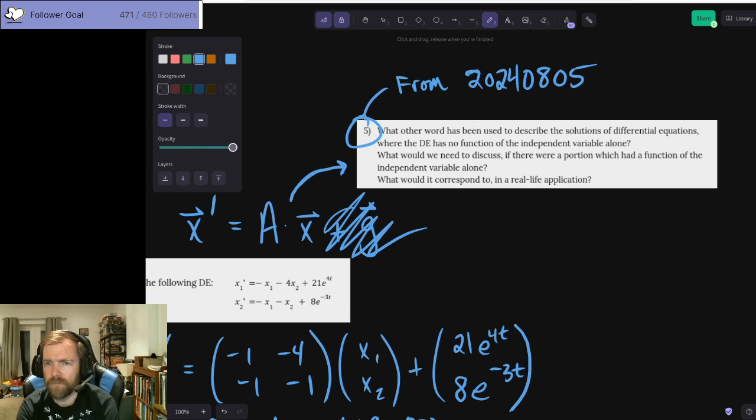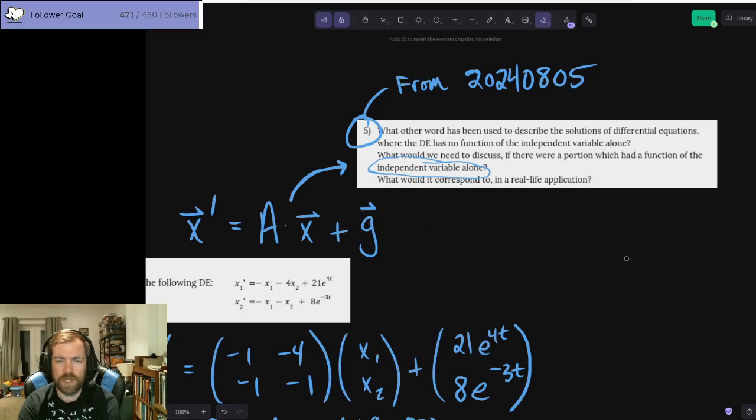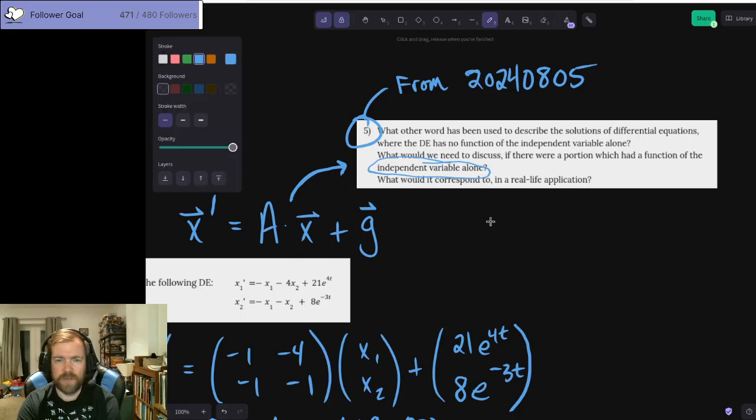Let's see. So this was from 2024-08-05. I posted it in Discord, but we didn't really talk about it that much. So the portion that has an independent variable alone, this is where we have the g vector we discussed earlier, and Zach just said it, this is going to be related to a forcing function.